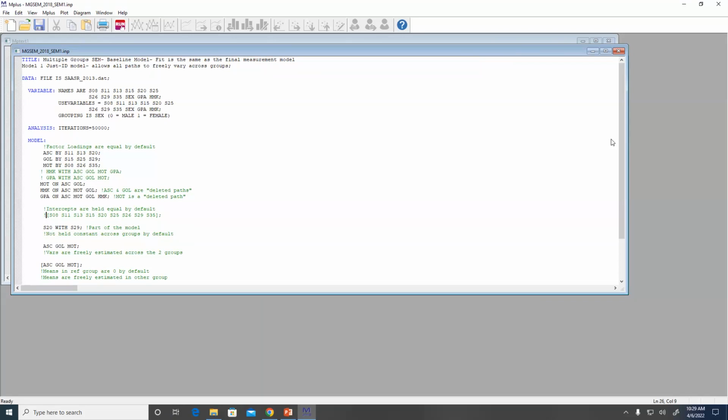If we want to delete the path, we need to be able to delete it across both groups, which means we need that path to be not statistically significantly different from zero once we've constrained it to be equal across both groups, and we need to be able to constrain it to be equal across both groups.